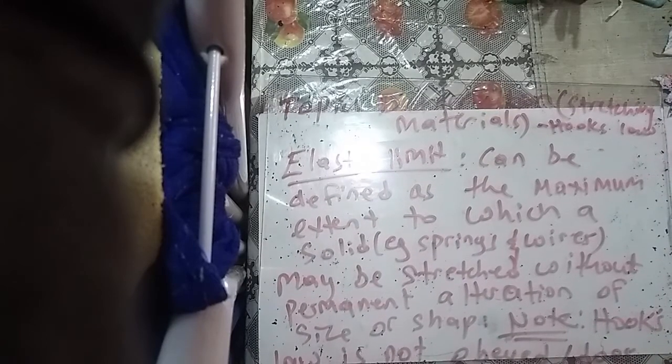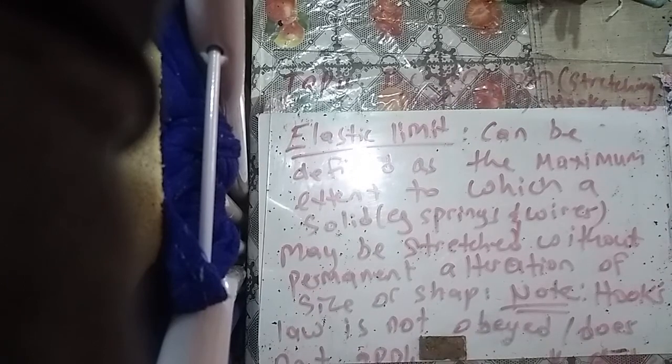So let's define elastic limit, right? Elastic limit can be defined as the maximum extent, and you must memorize this definition, the maximum extent to which a solid, for example springs and metal wires, may be stretched without permanent alteration of their size or shape.